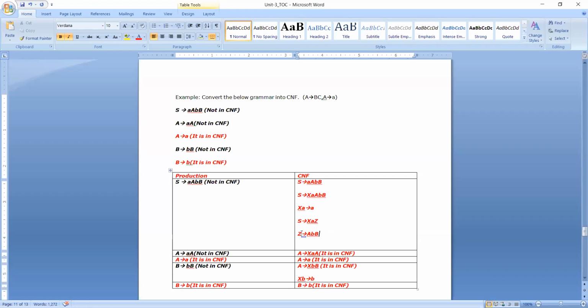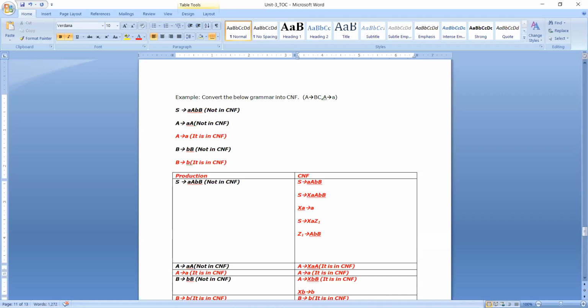Now, when we look into this Z production, as we want this to be in CNF, we need to make sure that this variable is followed by a max of one variable only. But here we have a substring, small b and capital B. So that is the reason I am calling it Z1, with a subscript.